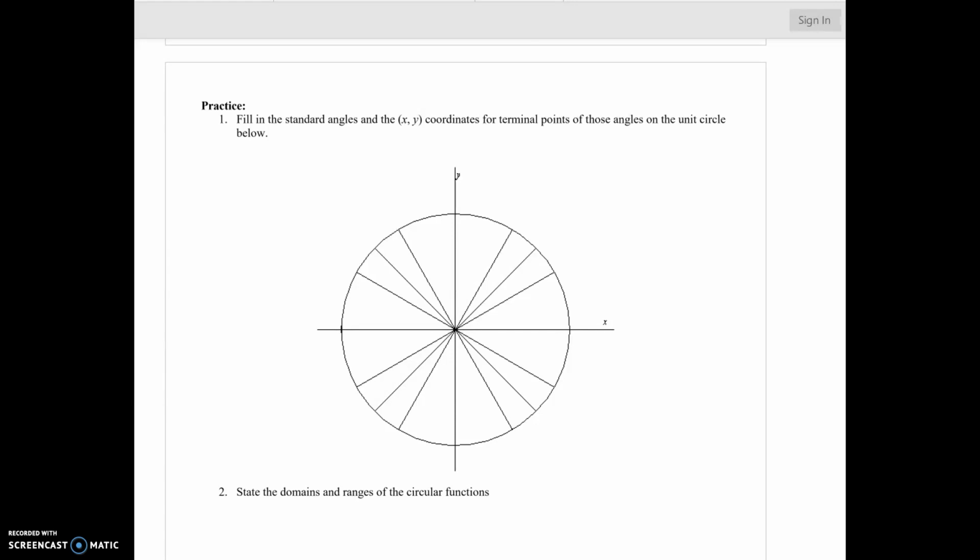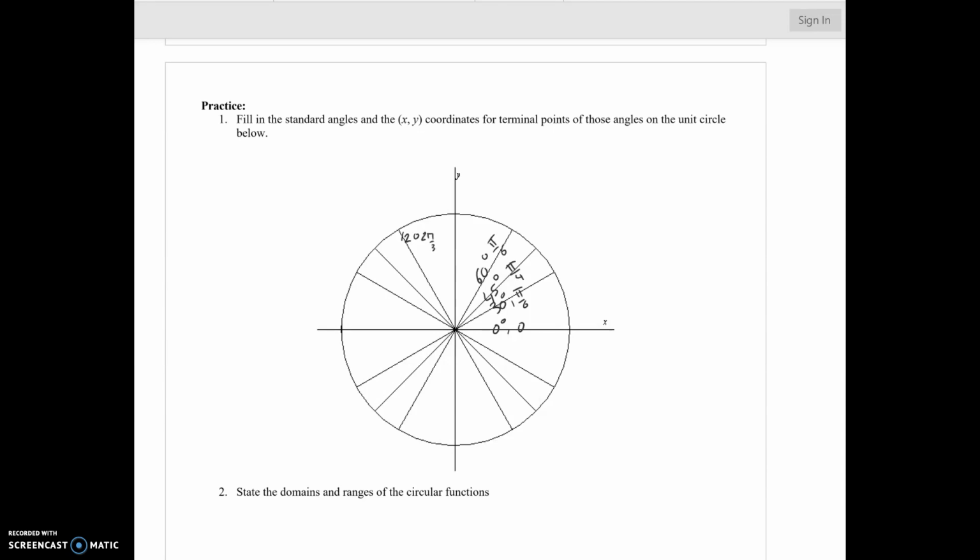So let's start with the angle 30 degrees, and we have 30 degrees right here. We have 0 degrees, which is 0 pi. 30 degrees, which is pi over 6. Then we have 45 degrees, which is pi over 4. Then we have 60 degrees, which is pi over 3. Then we have 120 degrees, which is 2 pi over 3.